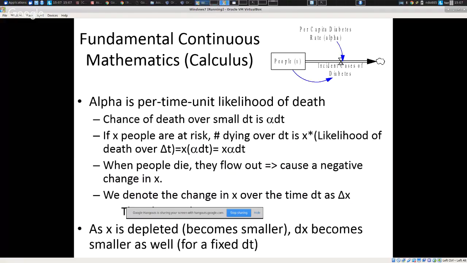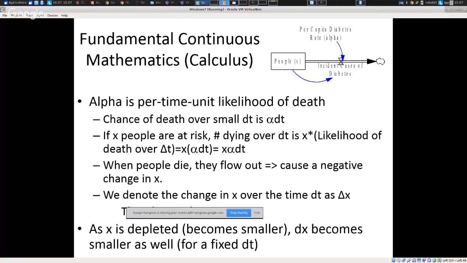The idea that we have here with the stock is that if we have a very small amount of time, dt, we're going to consider the rate of the flow as just being the value of the stock times that probability. That's the flow rate: how many people per unit time are dying?